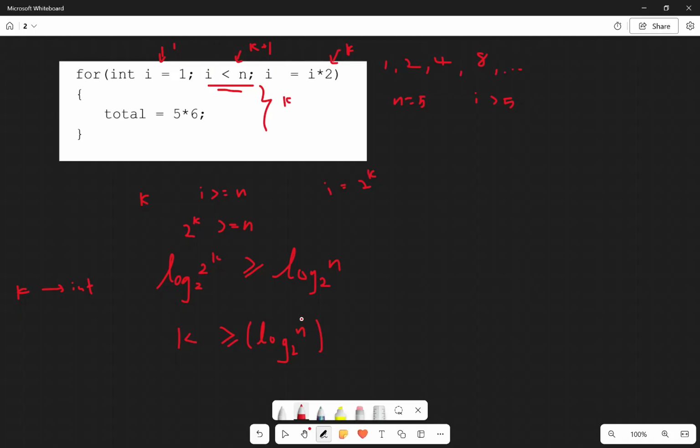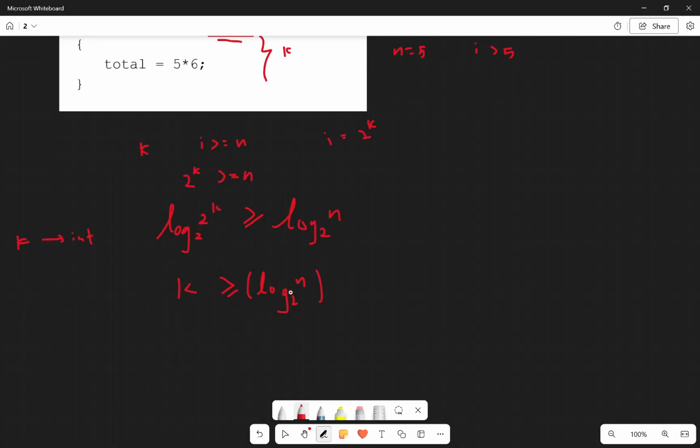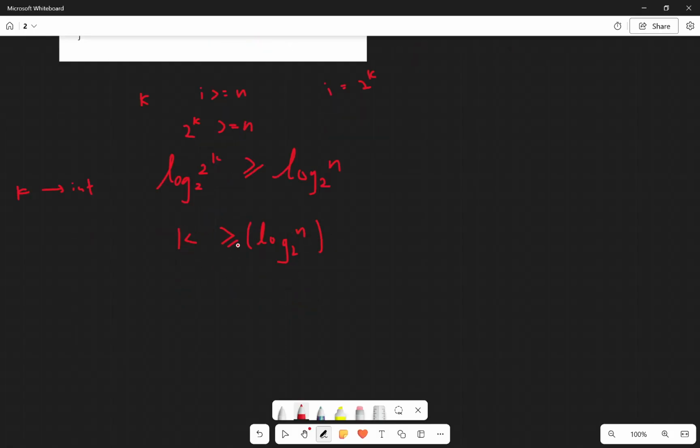Because as you might know, log base 2 doesn't always give integer values. Sometimes it gives decimal values as well. So in order to make it an integer, we have to find a k value that is an integer, and the lowest value that will be greater than or equal to log 2 of n, and get the ceiling value.